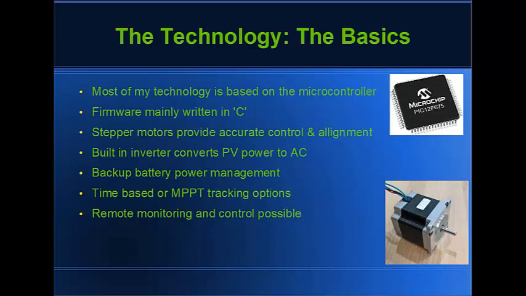When it comes to keeping solar panels aligned on the sun, there are two approaches: a time-based approach, or there's something called MPPT, which stands for Maximum Power Point Tracking. Remote control and monitoring of a communal facility is certainly possible, and I do have that capability.